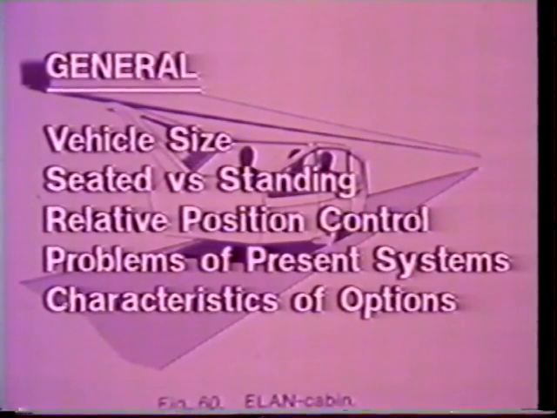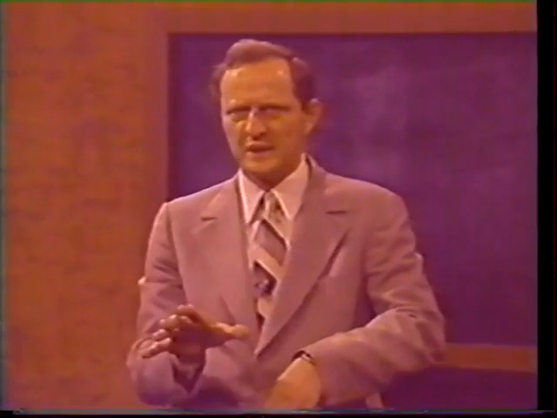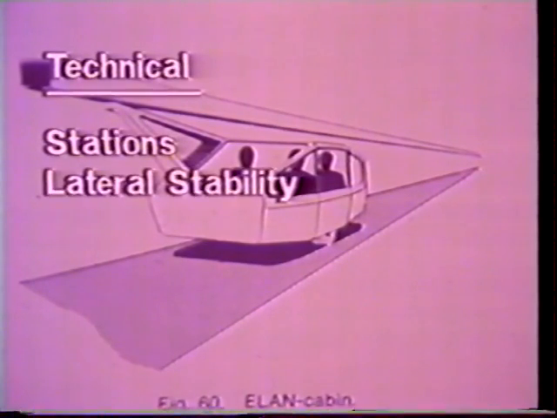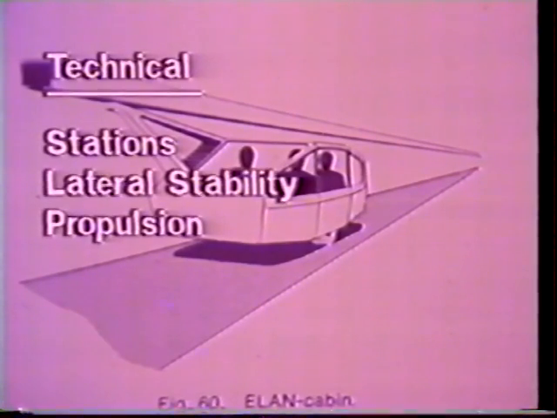Now, if you look at the technical audience, on the other hand, they've got some different kinds of concerns. For instance, they're more likely to be concerned with how the stations are going to be designed, whether they're online or offline stations. They're going to be very interested in lateral stability, or establishing lateral stability on the cars. They're likely to be very involved in propulsion systems.